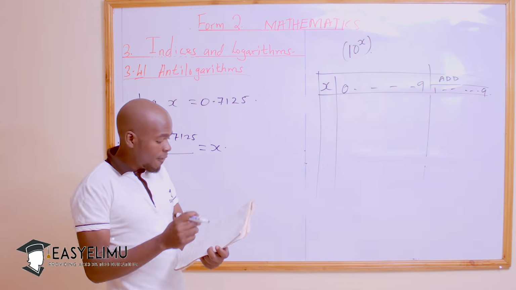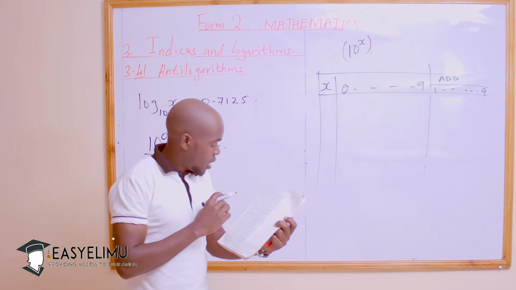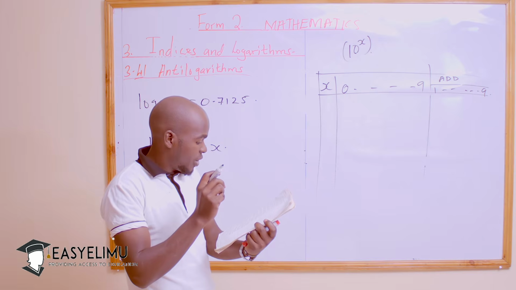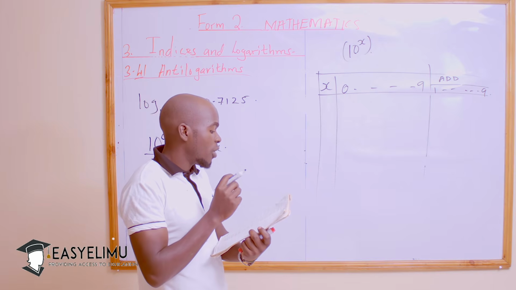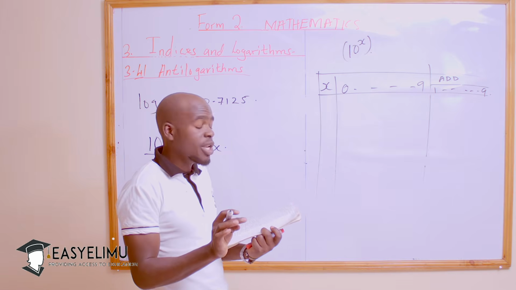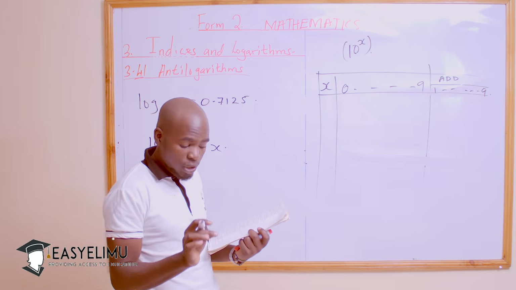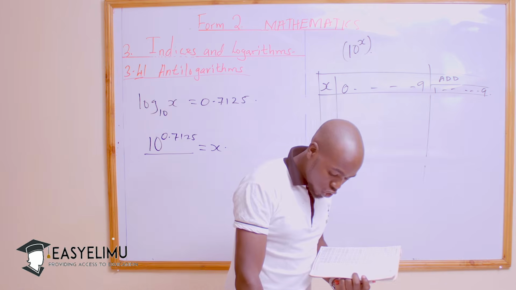So what do you do? The first column of x starts with the point, and it's 0.0001 that way, so meaning it's 0.00 onwards.